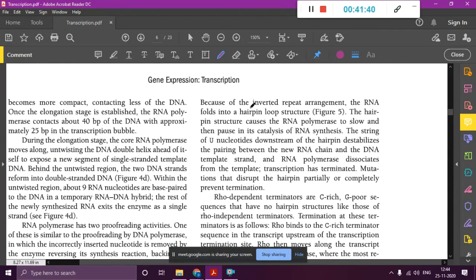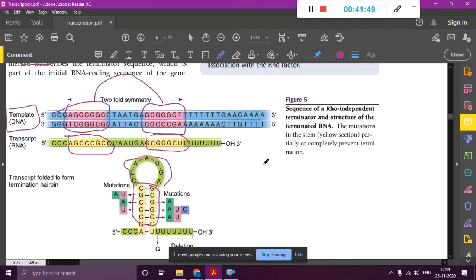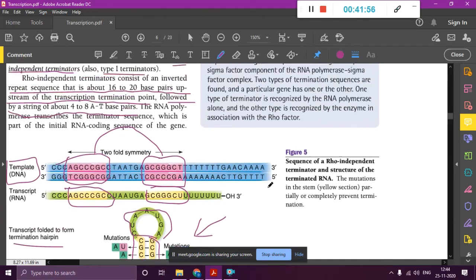Because of the inverted repeat arrangement, the RNA folds into a hairpin loop structure. So this is the hairpin loop structure, the termination hairpin loop structure in the messenger RNA.